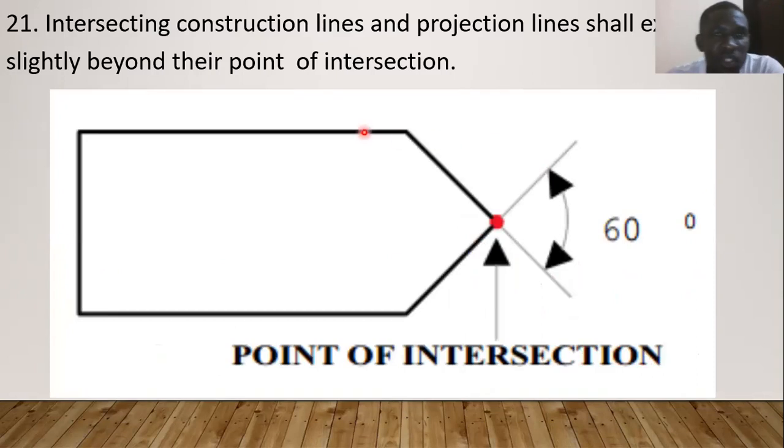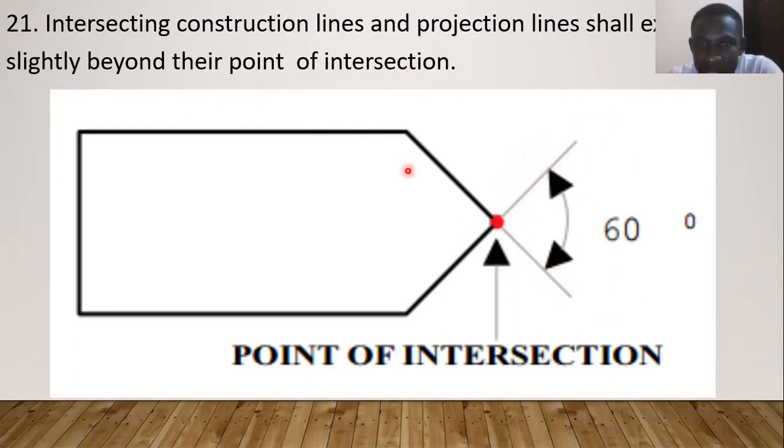Intersecting construction lines, and remember construction lines are faint, temporary lines used in drawing, and they are easy to erase when we don't need them. Intersecting construction lines and projection lines shall extend slightly beyond their point of intersection. This intersection line is there for the purpose of dimensioning.